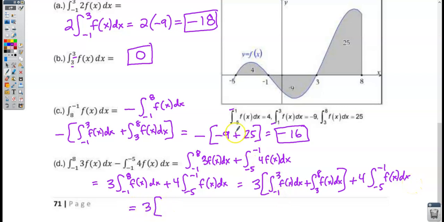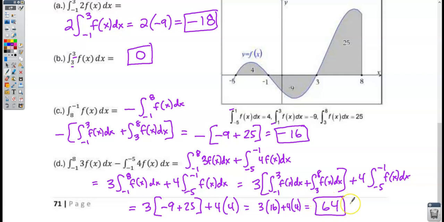The integral from -1 to 3 is -9. The integral from 3 to 8 is 25. The integral from -5 to -1 is 4. And we can do all this arithmetic. And it looks like we get 64 for the value of that integral from our properties.